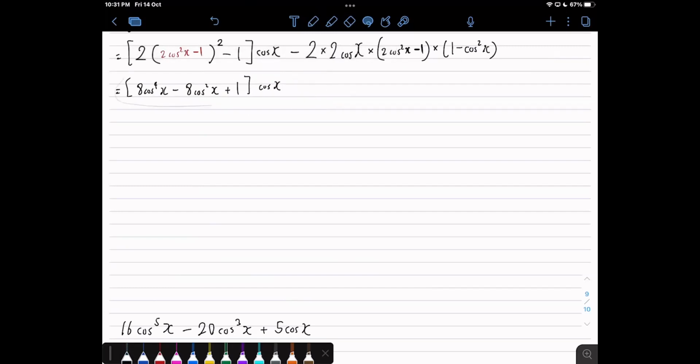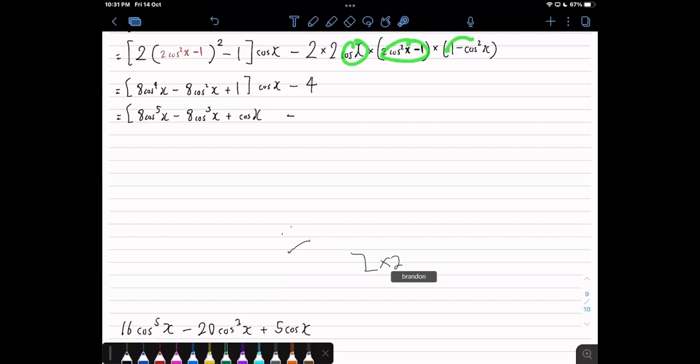I'll just copy and paste this, and then I multiply in. So erase away cosine, now this becomes cosine power 5, cosine power 3, 1 times cosine. Okay? Minus, bring down, minus, bring down. 2 times 2 is 4. Simplify it as a 4. Then now we've got cosine x times this fellow times that fellow. Wow, painful.